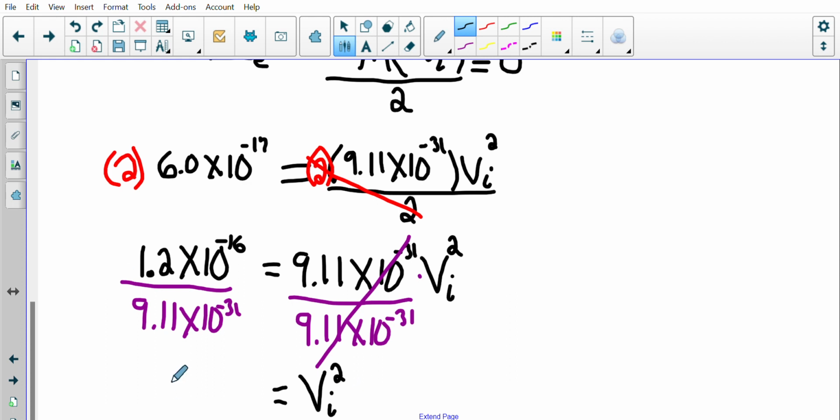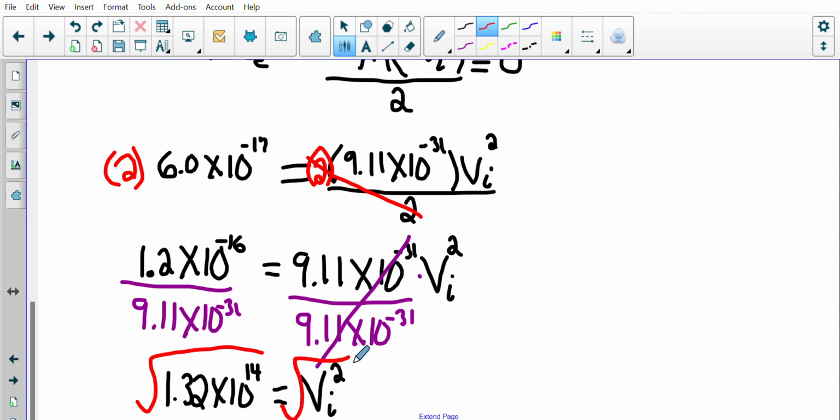And I'm getting, let's see here, 1.32, again down to 2 decimal places, times 10 to the power of 14. All right, and again, to get rid of that little 2, we're going to have to square root both sides.